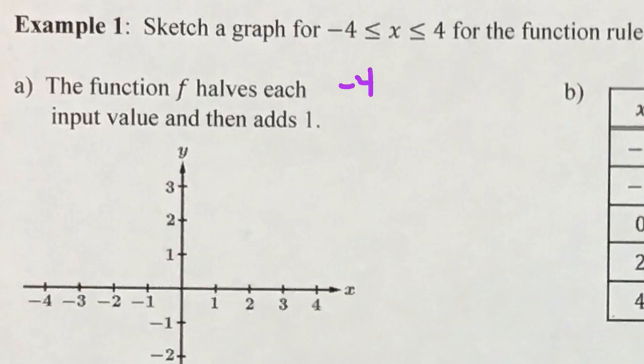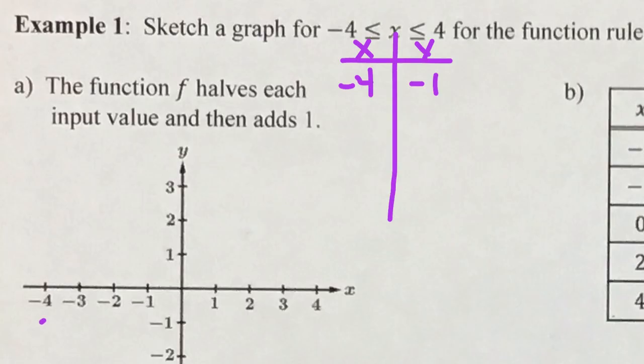So if I were going to do that to -4, what would my output be? -3. So we take, let's see what it says. We take half of this number. What's half of -4? -2. And then adds 1. Oh, -1. -1, very nice. -4, -1.